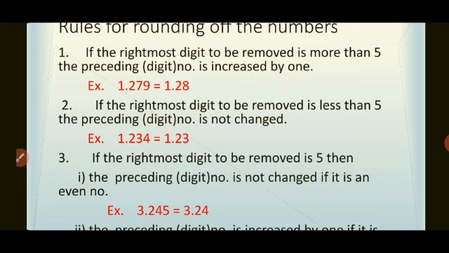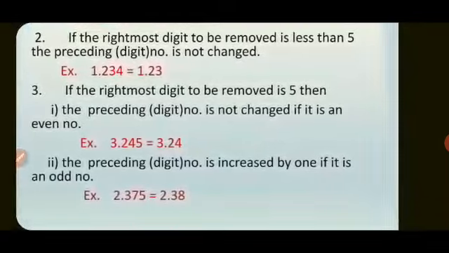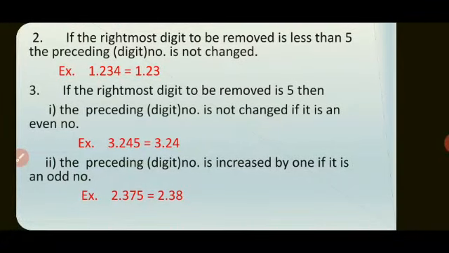Now, if the rightmost digit is exactly 5, then there are two cases. If the preceding digit, the previous digit, is an even number, then it is not changed, it remains as it is, or it is retained.